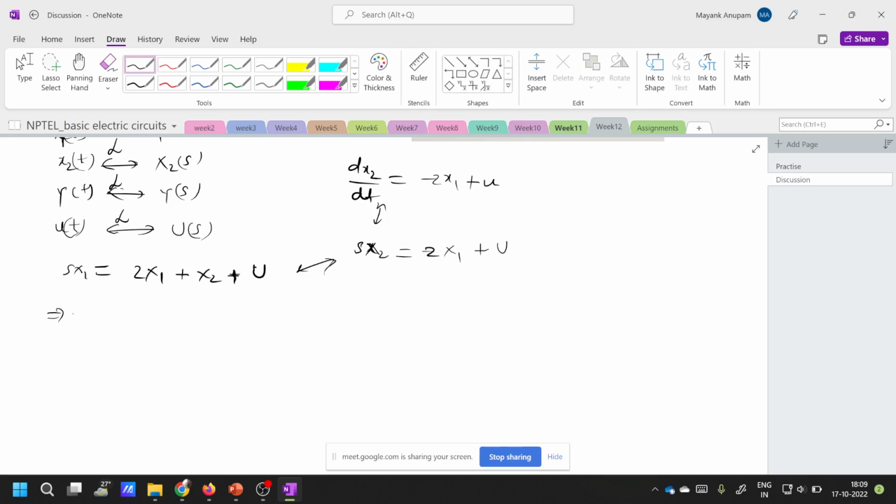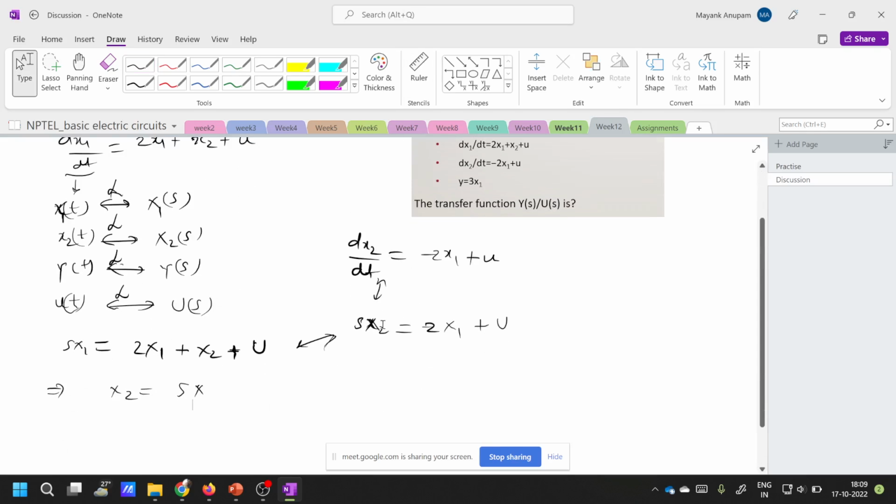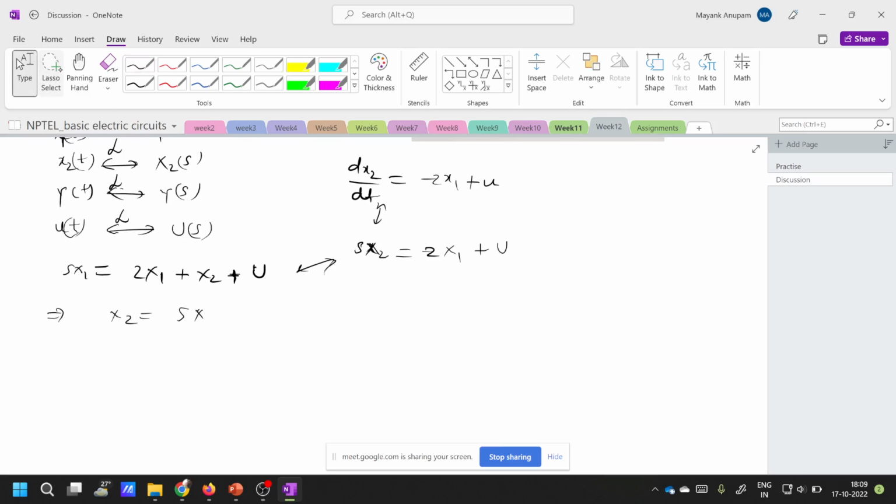So x2 here is, this will become x1 into s minus 2, right, minus u.